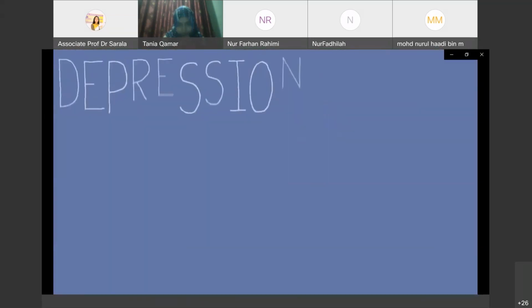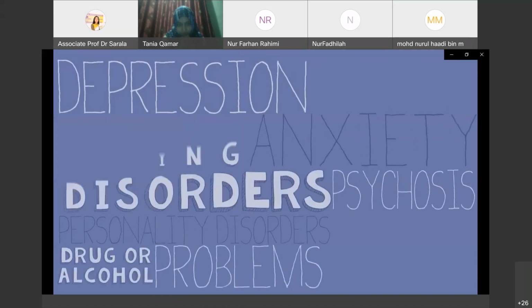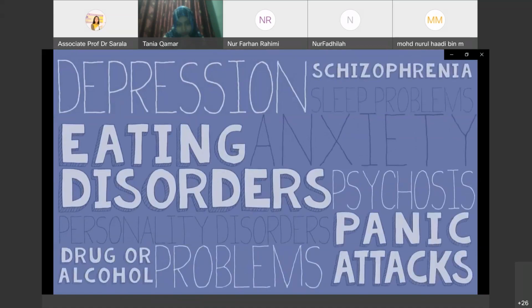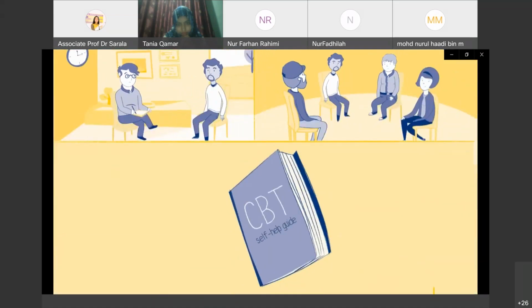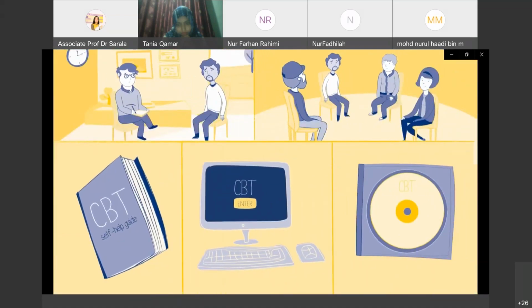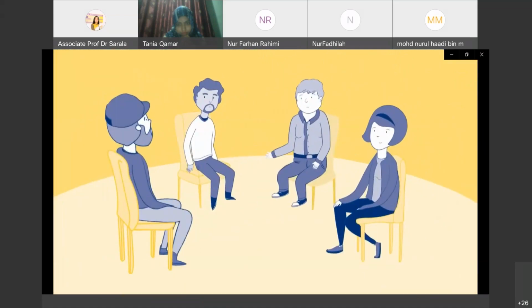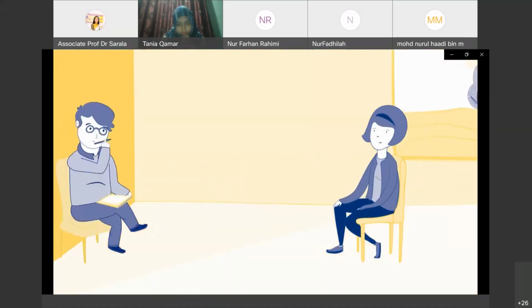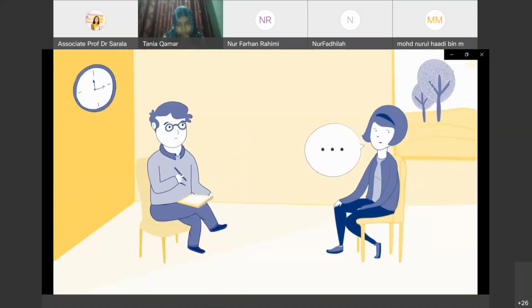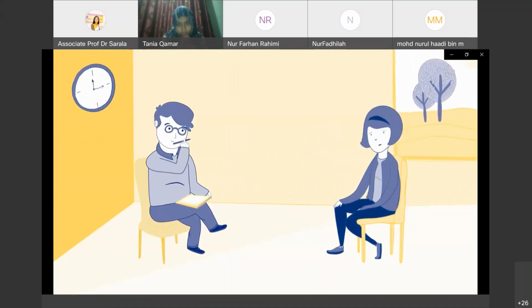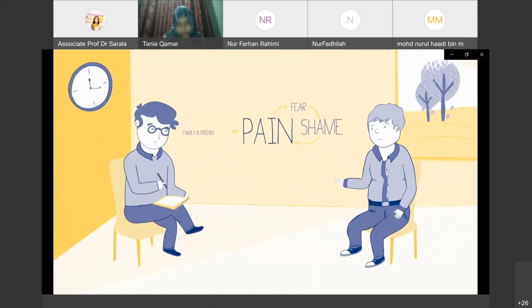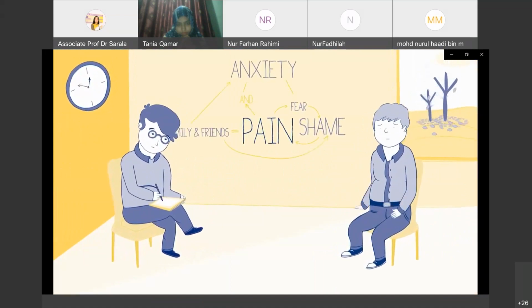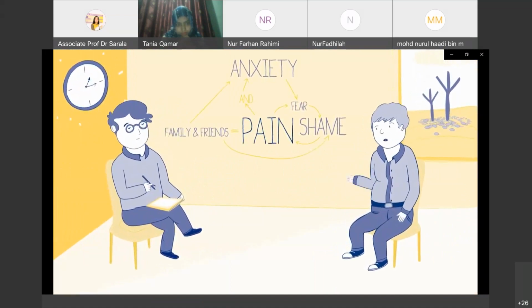CBT can be helpful for people with nearly every diagnosis you can think of and can be delivered through one-on-one sessions, in groups, self-help books, online, or through a CD-ROM. That doesn't mean that CBT works for everyone, though. Some people struggle with it because they find it just too hard to talk about their feelings. CBT is usually quite a short-term treatment, and so you may find that your problems are too complex to deal with in the time.